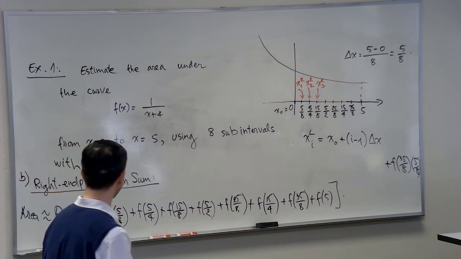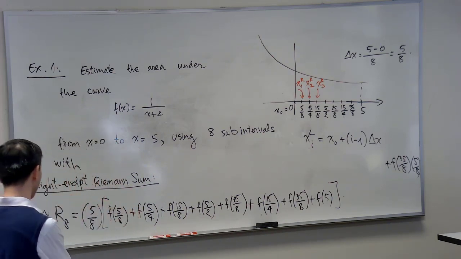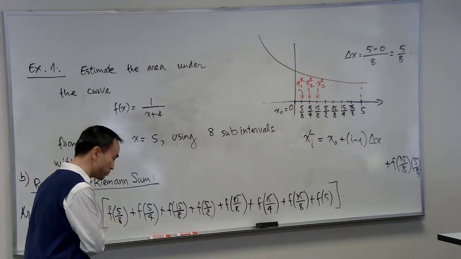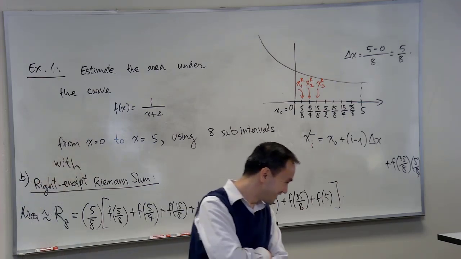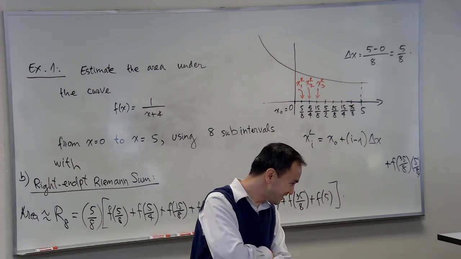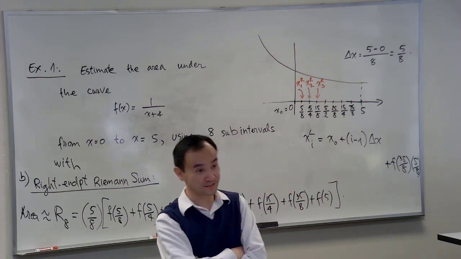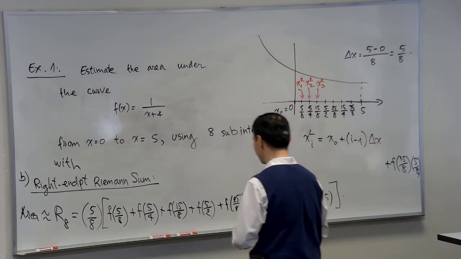Okay, so go ahead and do that R8, do the calculation. Just adding up all the function values, right? And then multiply by a common 5/8. I got 0.769155. You're pretty good. Yes, that's the one. All right. So the area that we've had here, it's just using the calculator.